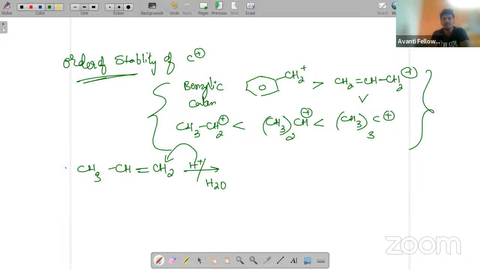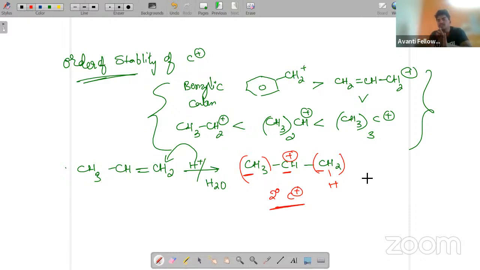Now the product will be CH3-CH+-CH3, where H is attached and you get a positive charge. Now this positive charge carbon is attached with two other carbons, so we call it a secondary carbocation. So we have to see, can we convert it into tertiary? We can't convert it.